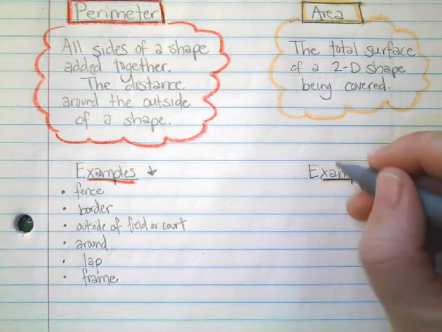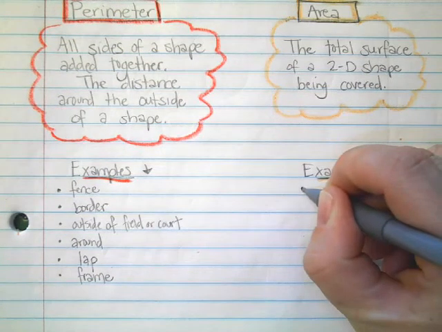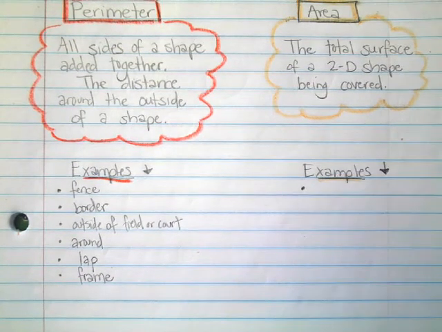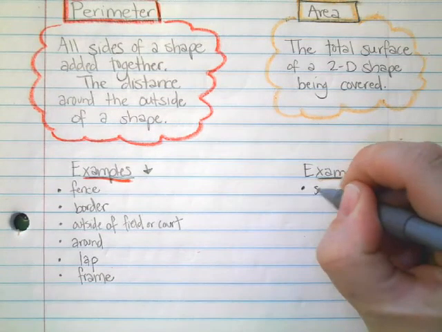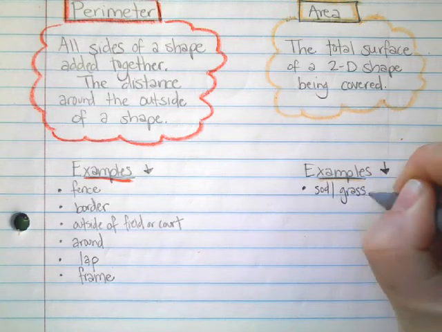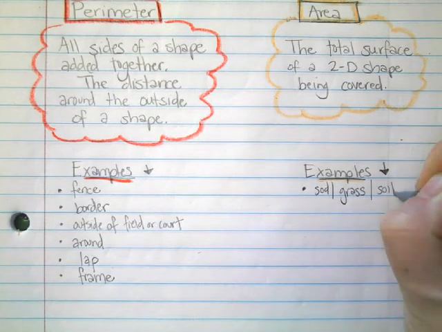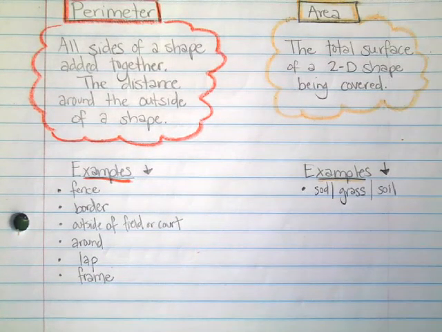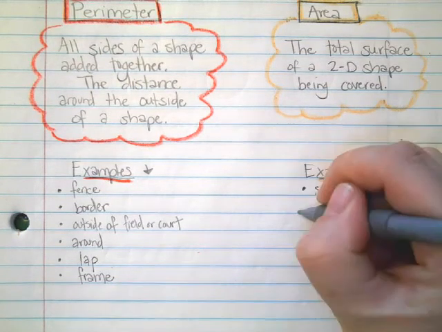So here are some real life examples of when you would need to find the area. Maybe you are planting new grass or spreading soil or laying sod. So I would say sod, grass, soil. Those are all examples of when you would find the area.